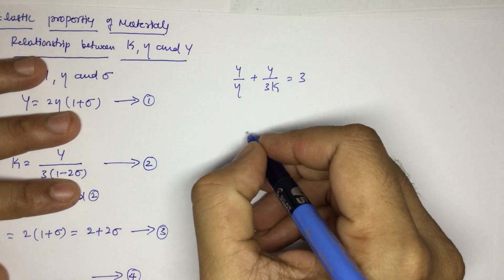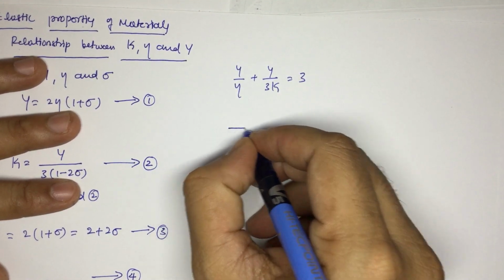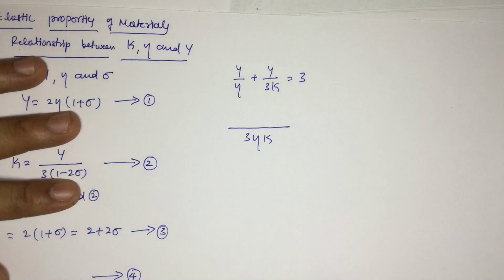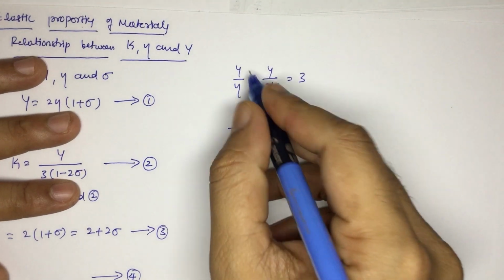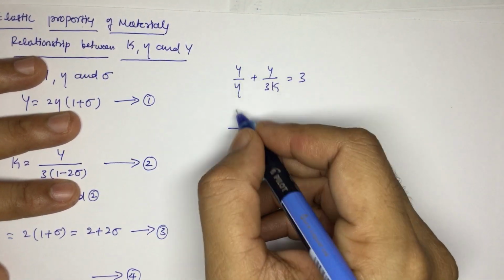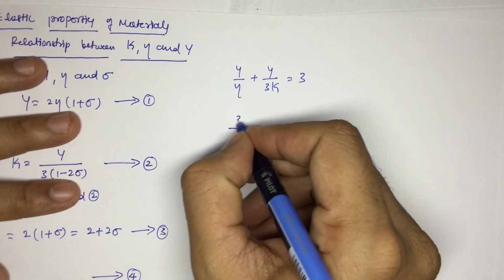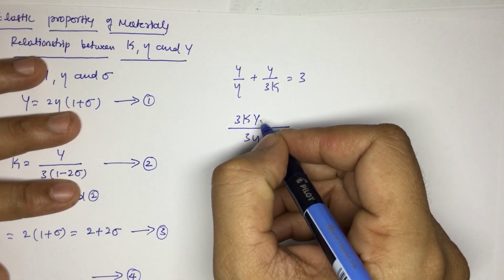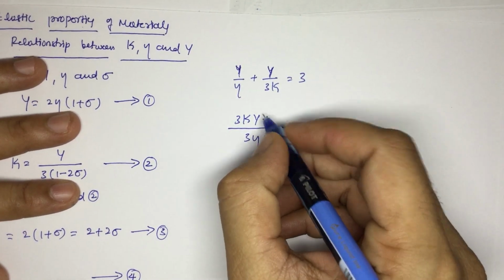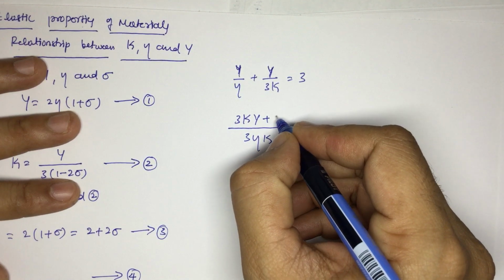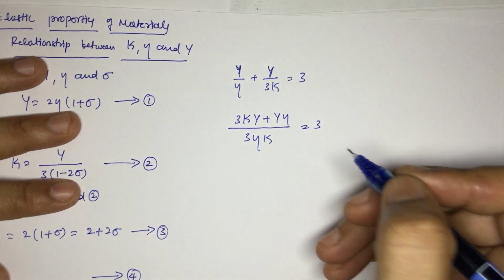For that, LCM is 3 eta k, and multiply this LCM with each term here. The first term becomes in the numerator 3k y, and then the second term becomes y eta, this is equal to 3.